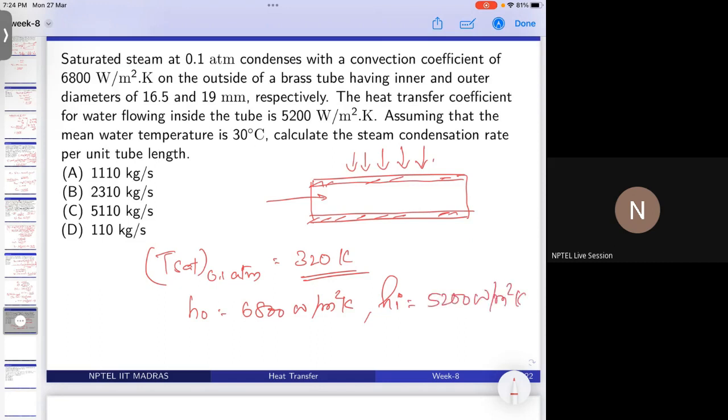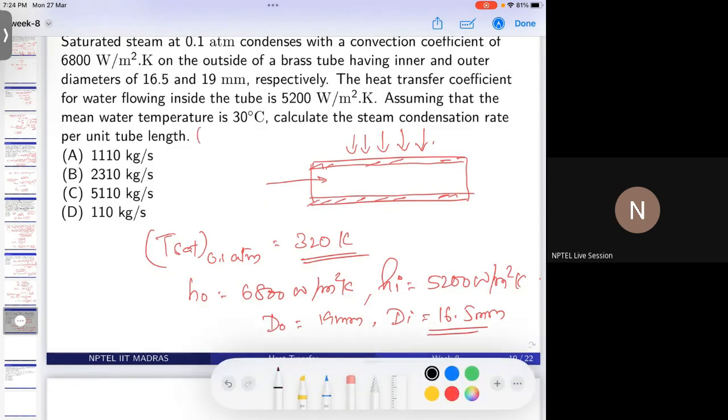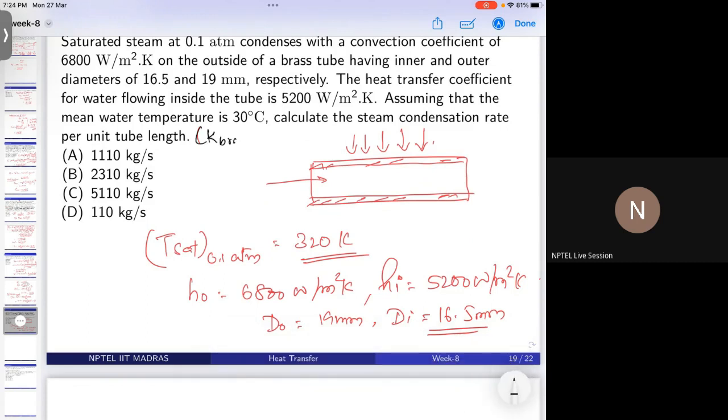The outer diameter is 19 mm, the inner diameter is 16.5 mm, and the thermal conductivity of the brass tube will also be given. You can take K of brass as 110 watt per meter Kelvin.